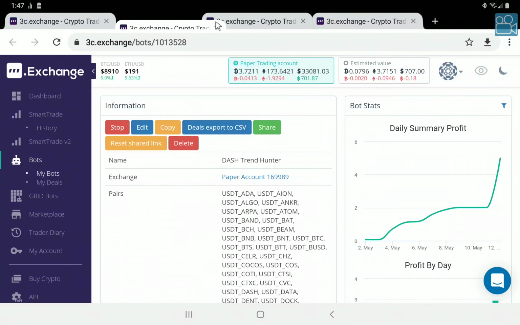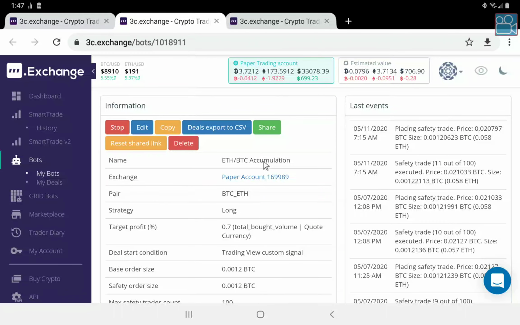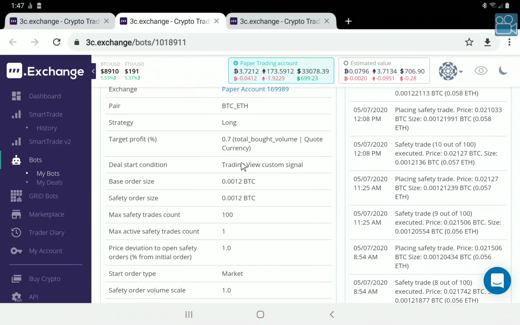And now we get to my unusual bots. This one actually uses BTC as a base currency. This one is using my fail-safe approach. 100 safety orders, about 11 USDT for both the base order and the safety order.